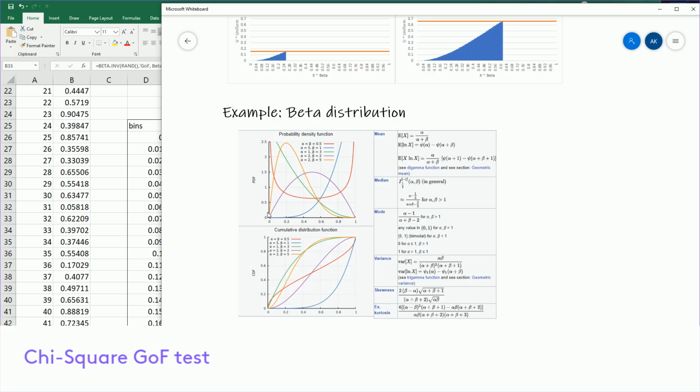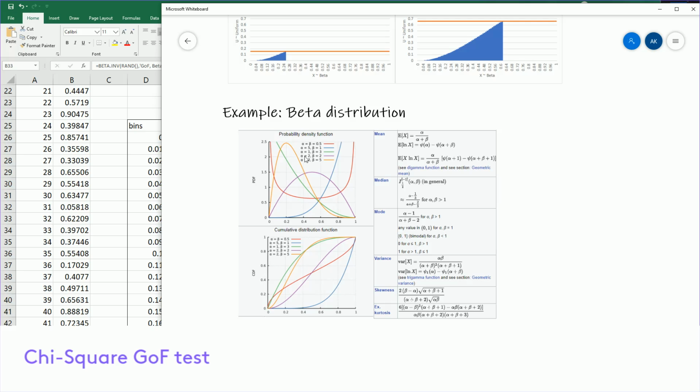This is how beta distributions look. It works with numbers in the span from 0 to 1. So all the numbers in a beta distribution are between 0 and 1.